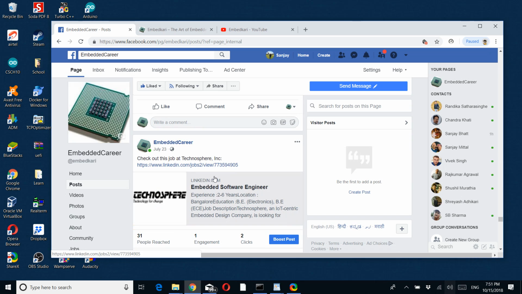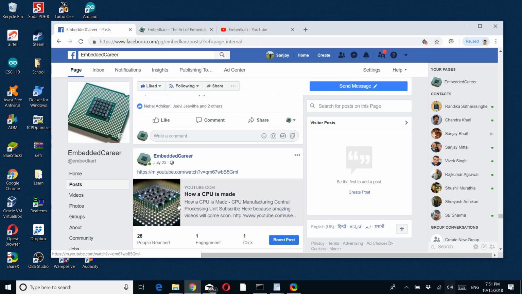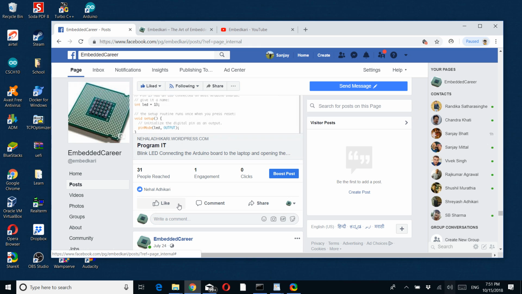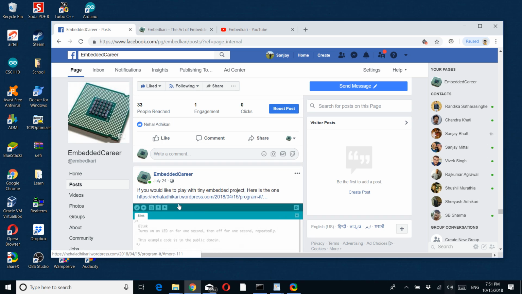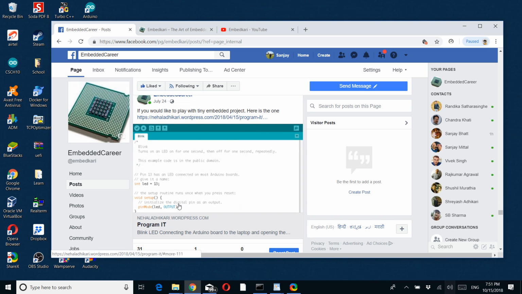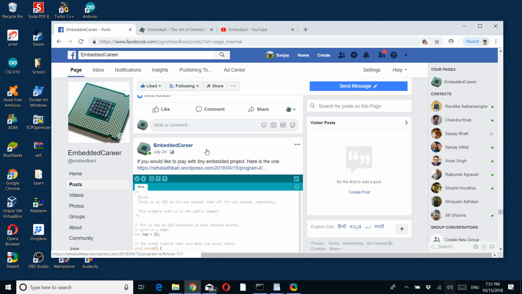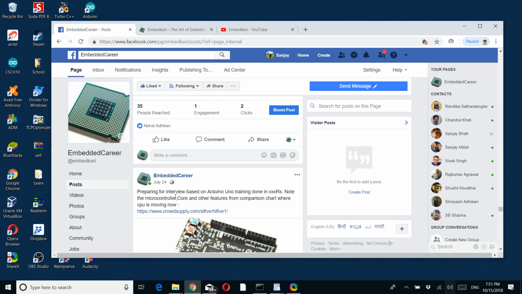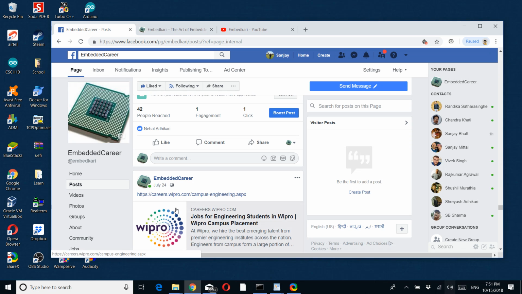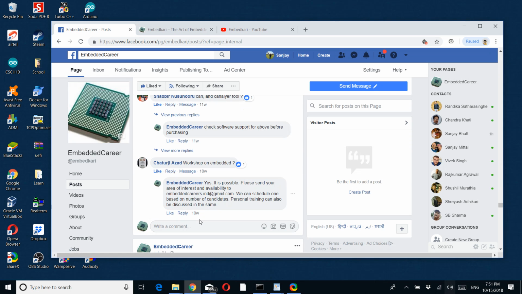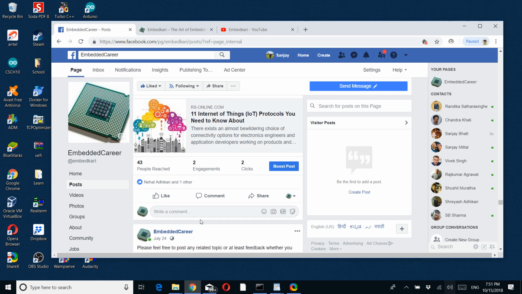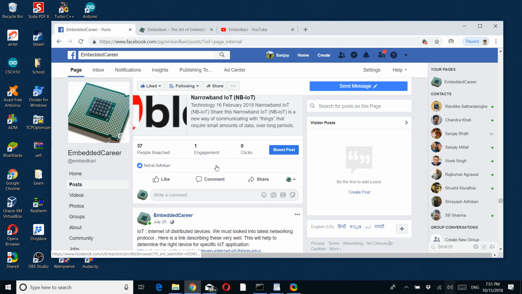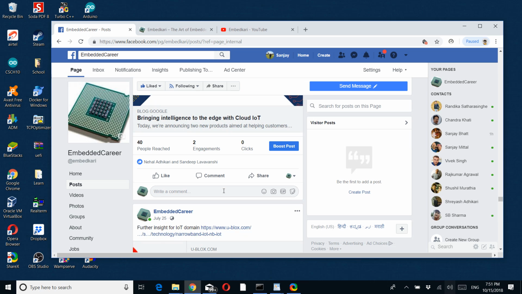And I also provide step by step information on how they can learn embedded stuff. And this is Arduino specific information, then this is again job related information. And IoT, what is happening in IoT in India.